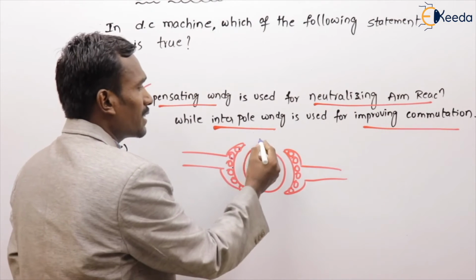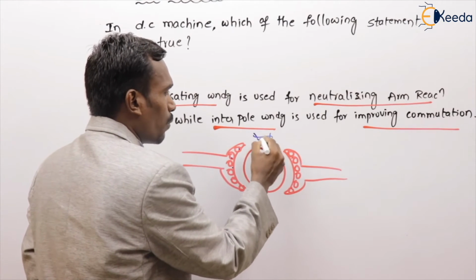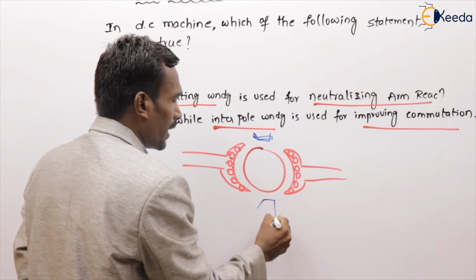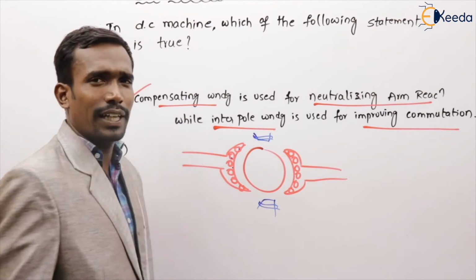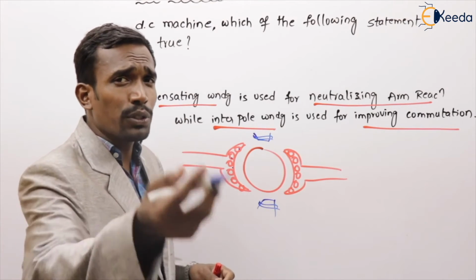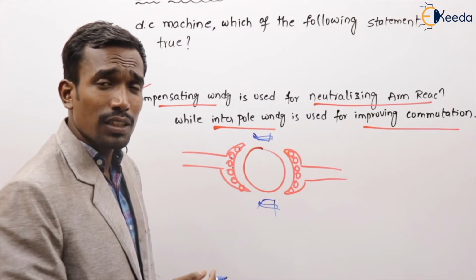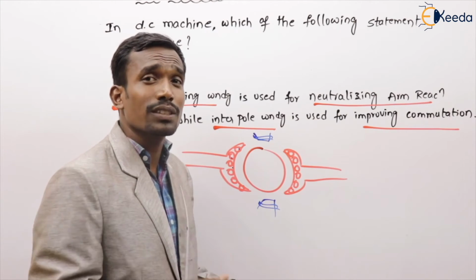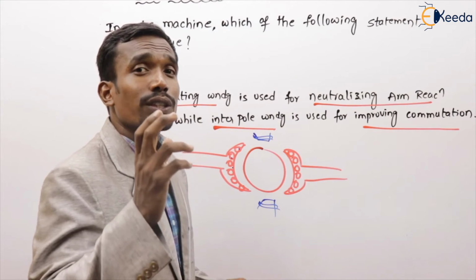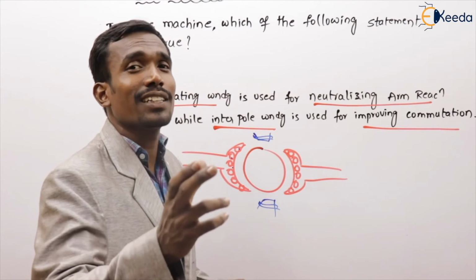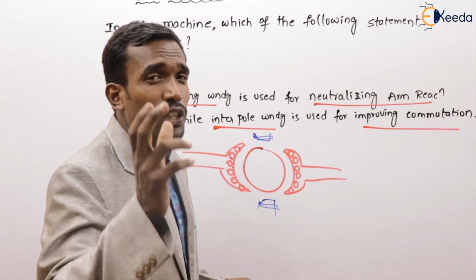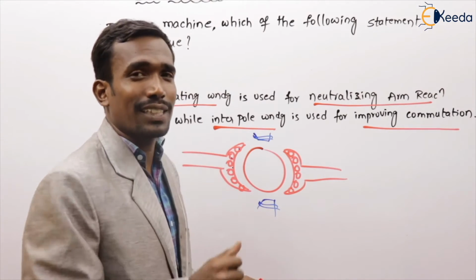But whereas interpolar winding, this interpolar winding produces the flux to nullify the reactance voltage, which is produced in the commutator segments.